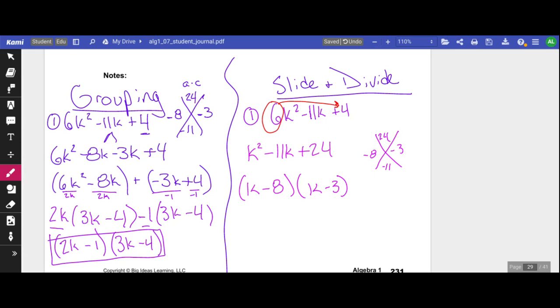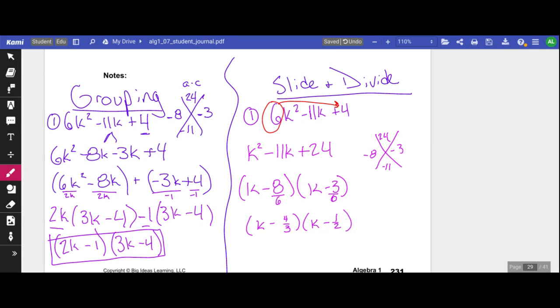I started out by multiplying this number by 6. So to even this back out, I've got to divide both of these by 6. So this ends up being k minus 4/3, and then 3/6 is going to be 1/2.